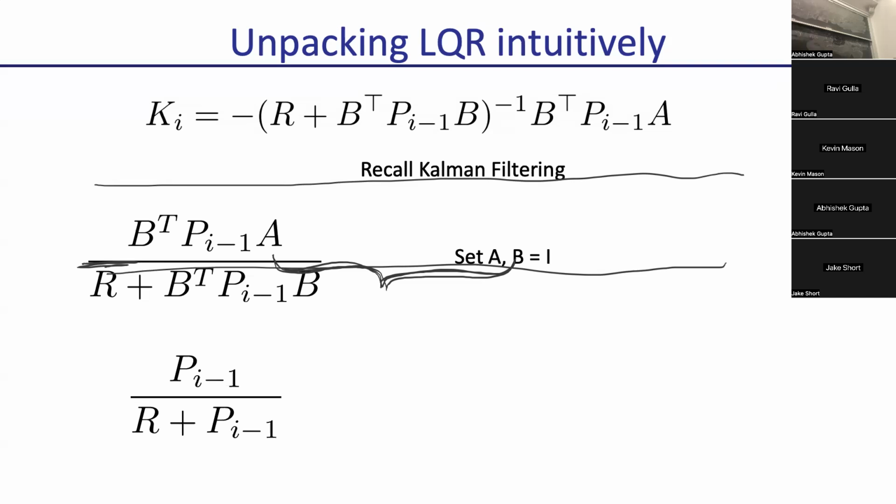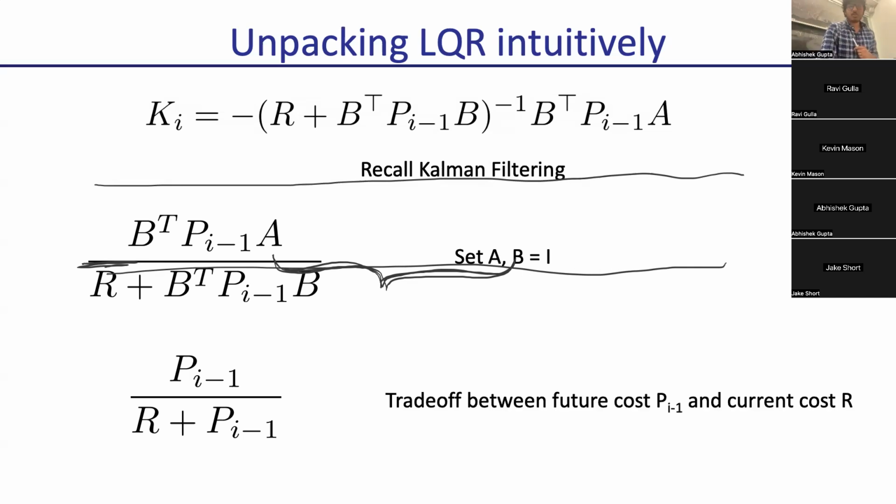And if R is really small, that means you don't care about now, you only care about getting to the right state in the future. And so it's going to try to act to get to 0 as fast as possible. So you can think of your K term as just trading off the cost of now versus the cost of the future. That's how I find it intuitive to think about.